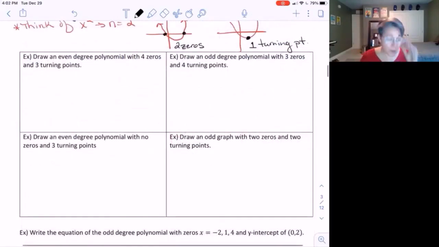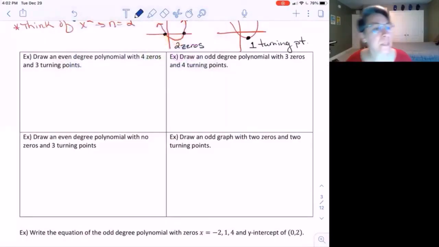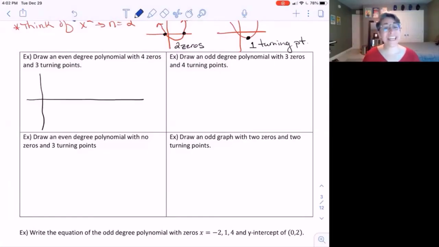So here's a couple of things that you guys can practice on your own. If you want to pause it and give these a shot, otherwise we can do them together. You want to draw an even degree polynomial with 4 zeros and 3 turning points. So remember, an even degree has to eventually be facing the same direction. Either the ends all go up or the ends all go down.